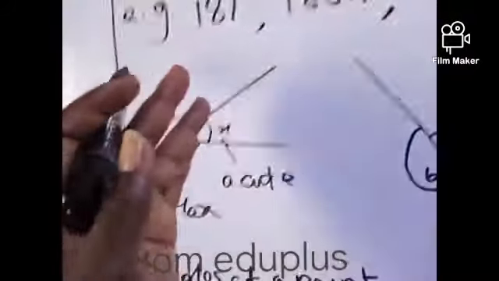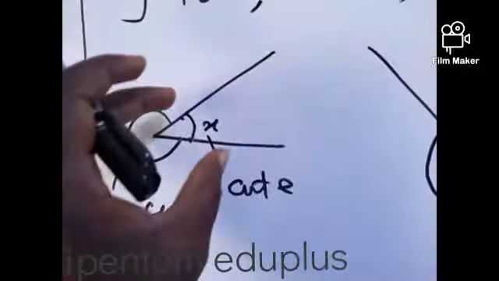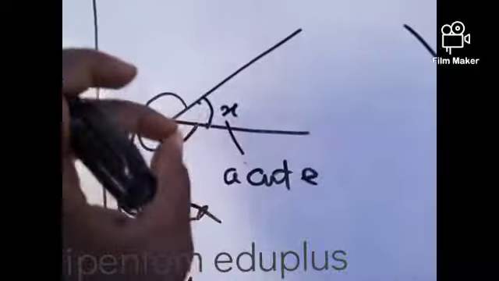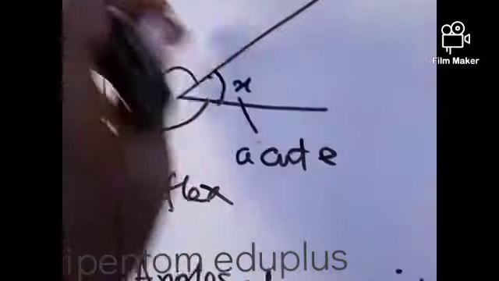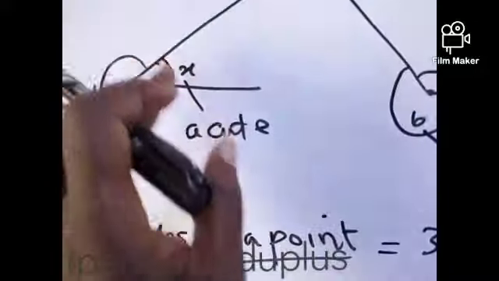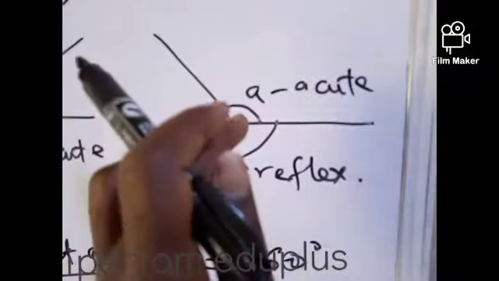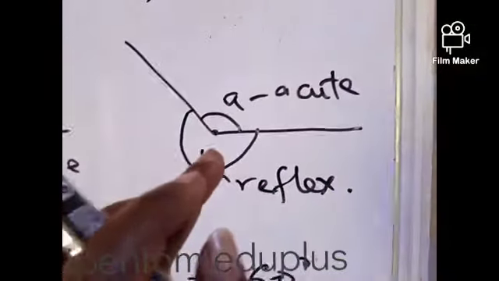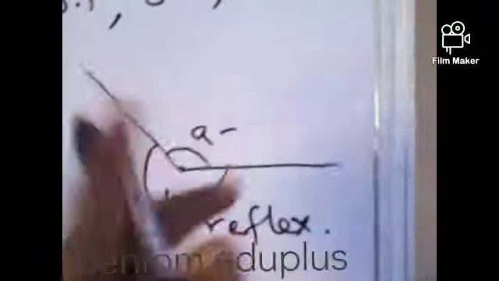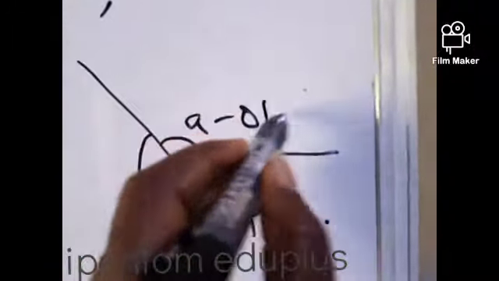When you have an angle, the one inside here is acute, which is less than 90 degrees, and the one at the back is a reflex. So here X is acute, Y is reflex, and I want to take note that A here is not acute, it is obtuse.